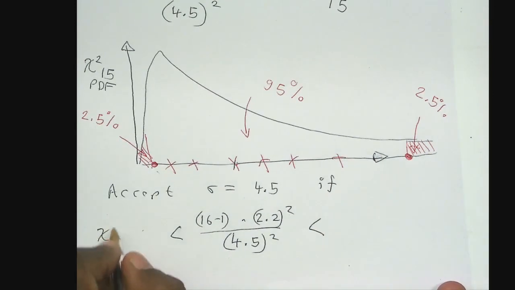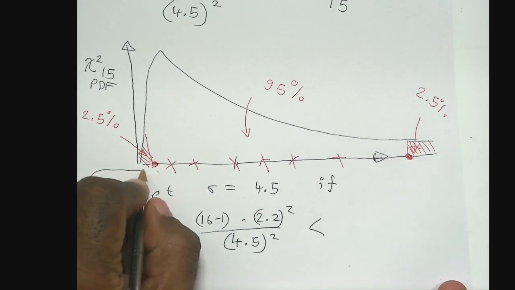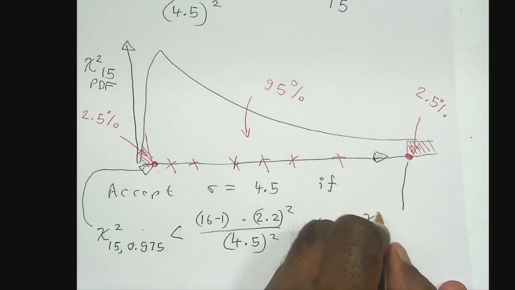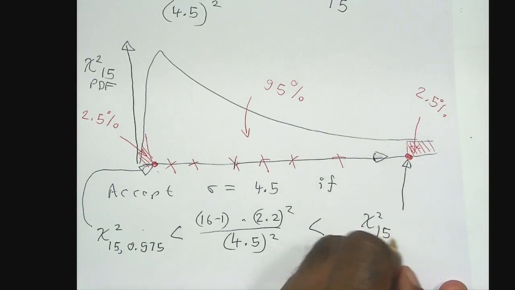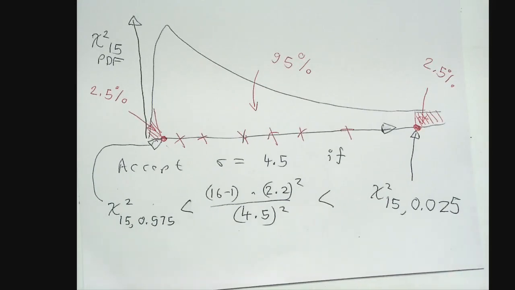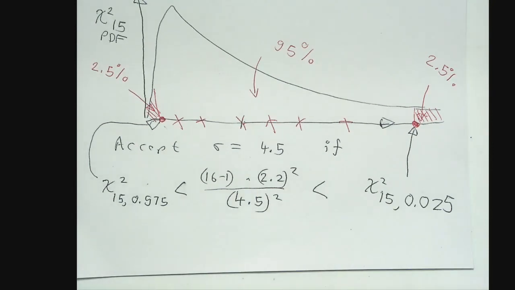In other words, this point is chi-squared 15 with 0.975 above it, and this point here is chi-squared 15 with 0.025. All right guys, so that's the answer to the question. We will accept the hypothesis that sigma is in fact equal to 4.5 if this number falls in the central part of the distribution. Right?